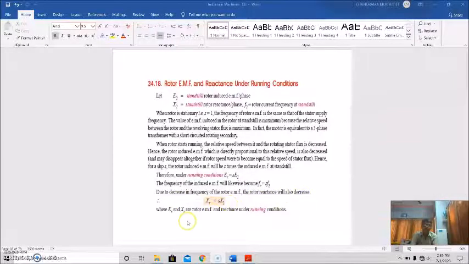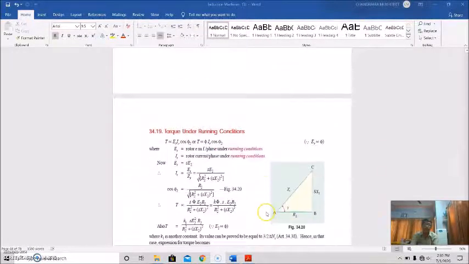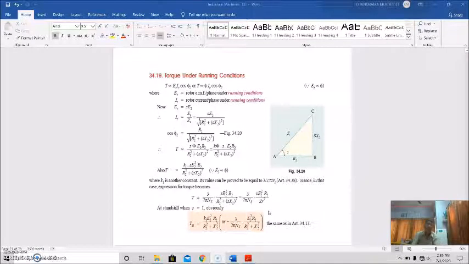Torque under running conditions is proportional to ER IR cos phi 2, where ER is the rotor EMF per phase under running conditions, and IR is the rotor current per phase under running conditions. ER equals sE2, where E2 is the rotor induced EMF at standstill and s is the slip.